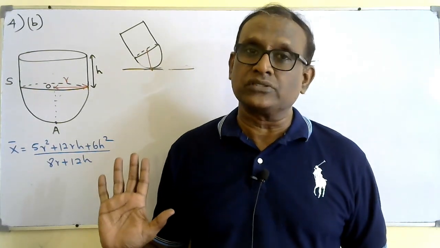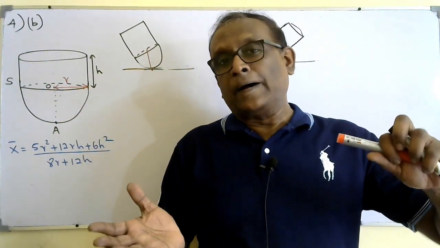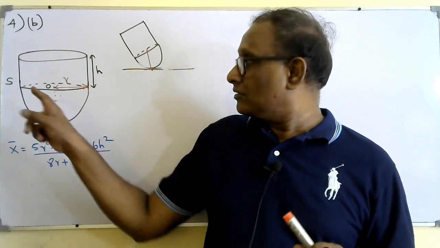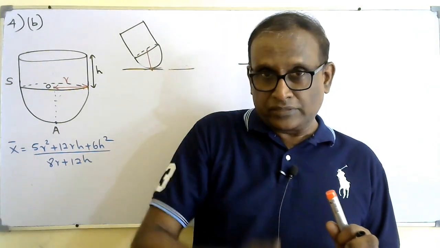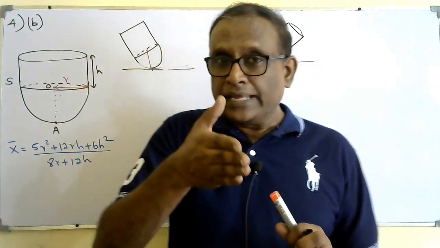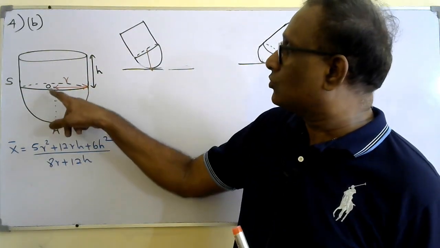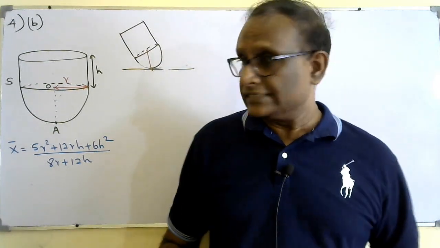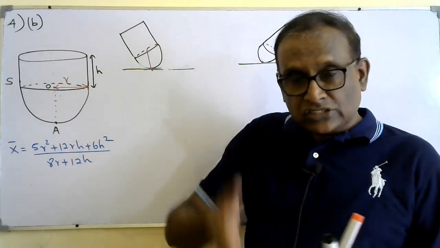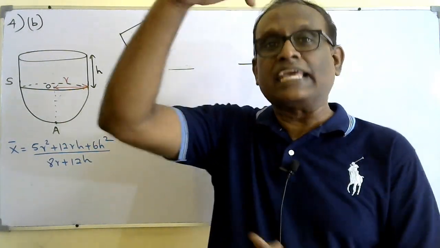I hope you understood the condition here. If it stays at rest at any point of the curved surface, the normal reaction from the floor is perpendicular to the curve, so it will pass through the center of the hemisphere. That line of action and the line of action of the weight should be exactly the same line.